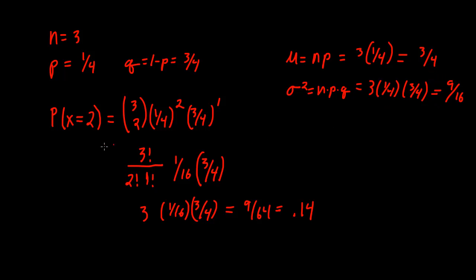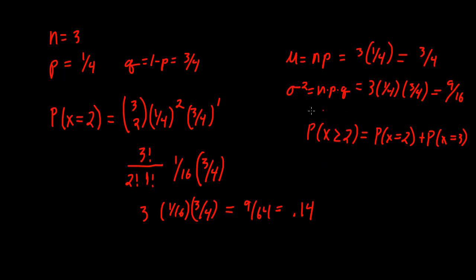And now just to give you a quick note about how the probability for this is going to work. If we want to find for a range of values, say if we wanted to find the probability that x is greater than or equal to 2, we would have to find the probability that x is equal to 2 and the probability that x is equal to 3, and we would just add those together to get the probability that x is greater than or equal to 2.